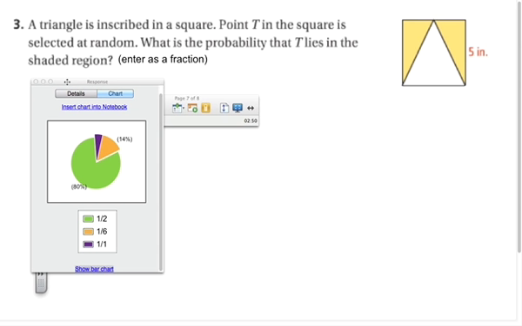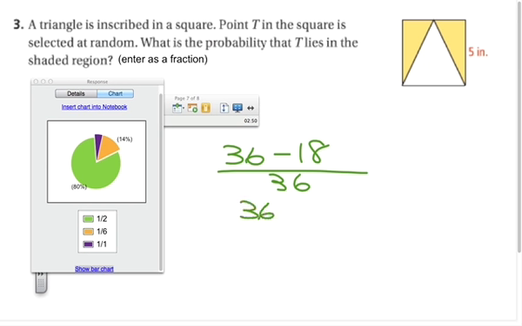Run that by me again. 36 minus 18 is 18, so I would do 18 over 36, which reduces to 1/2. You're good? Yeah, just a momentary lapse. It happens.